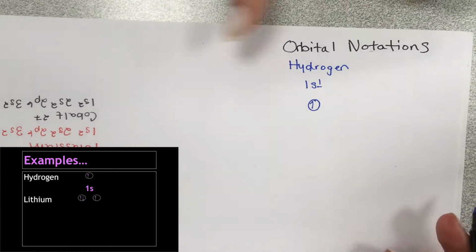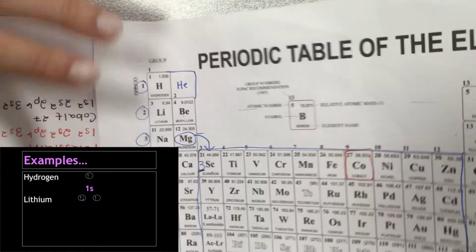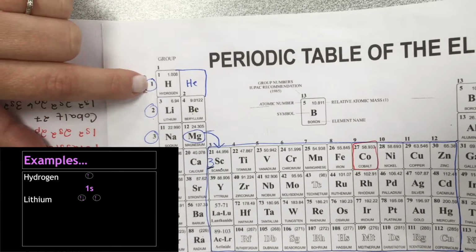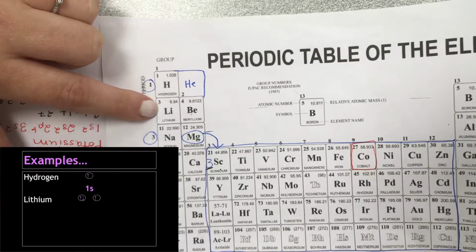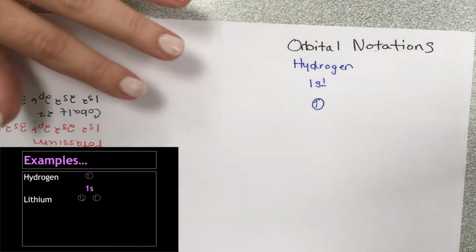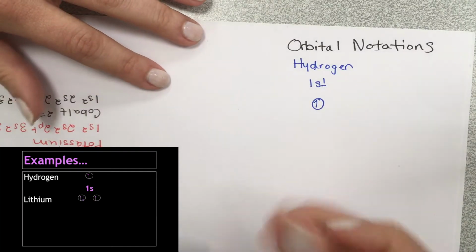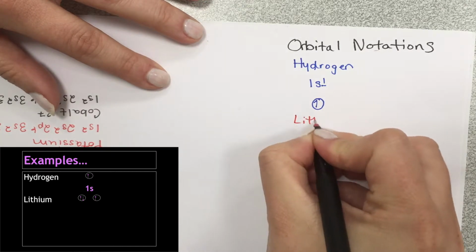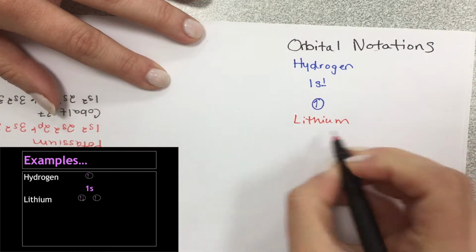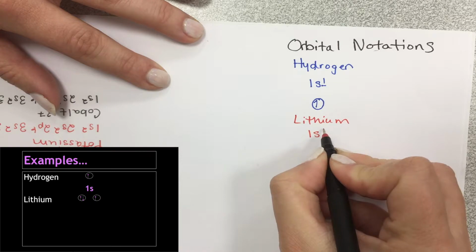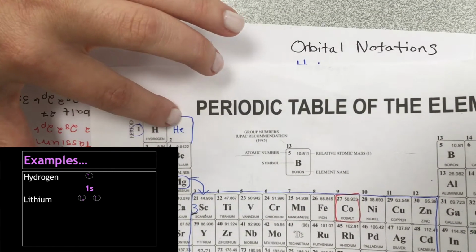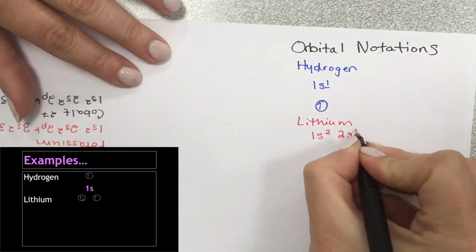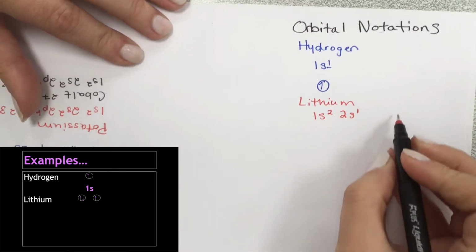Lithium, remember, was 1s2, 2s1. We had to include the whole thing, 1s2 and then 2s1, that's the electron configuration.